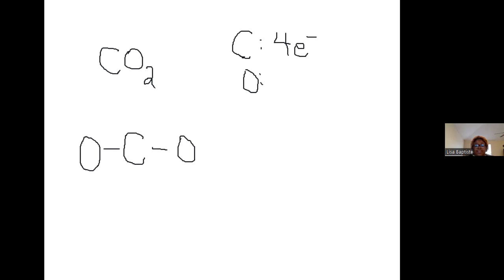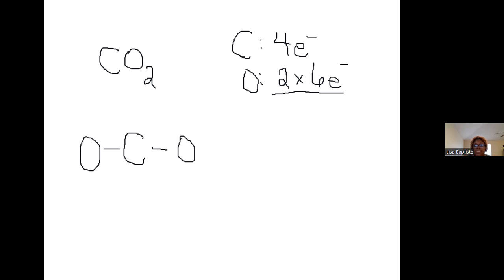For oxygen, we have 2 oxygen, all right? So we need to do 2 times, and oxygen is in group 6A, and so it has 6 valence electrons. So we put 6 electrons here. All right, so now we want to know the total number of electrons. So we have 4 electrons from carbon.